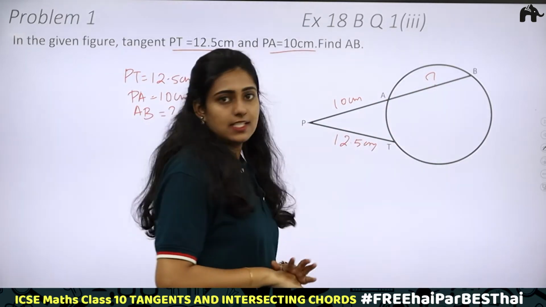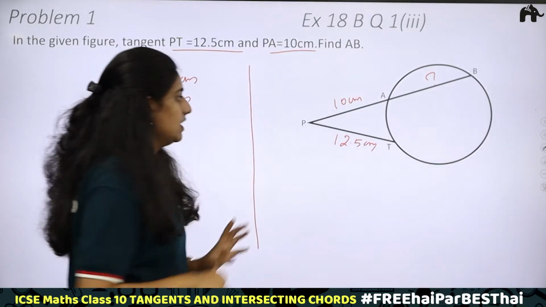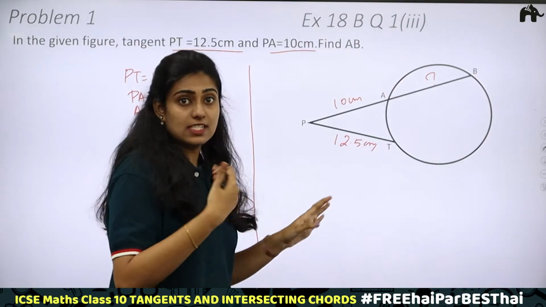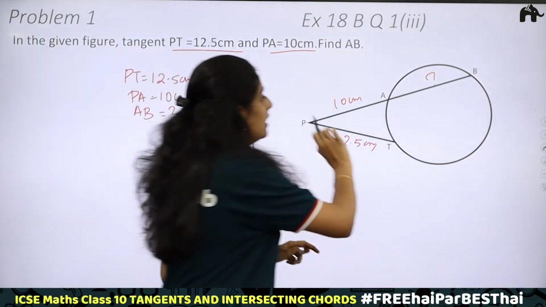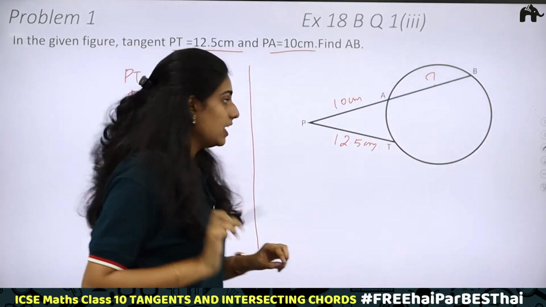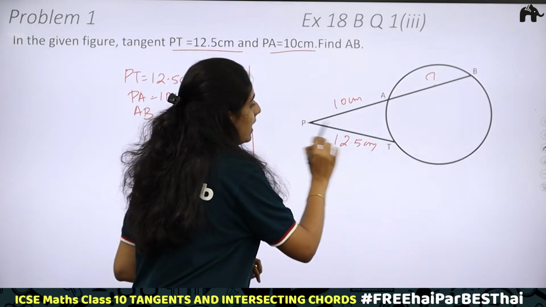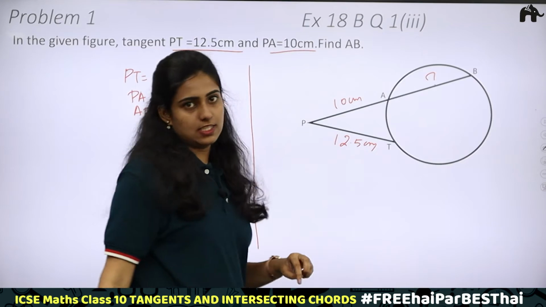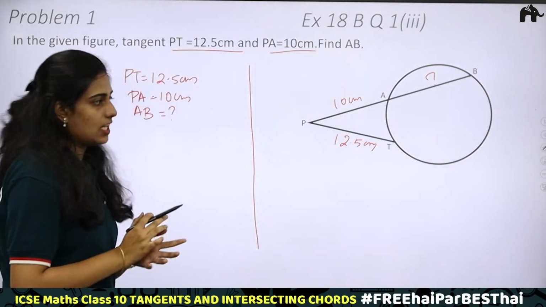That point is P. Now we have a theorem: when a chord and a tangent intersect externally, then the product of the length of the segments of the chord will be equal to the square of the length of the tangent from the point of contact to the point of intersection. We are using this theorem here.